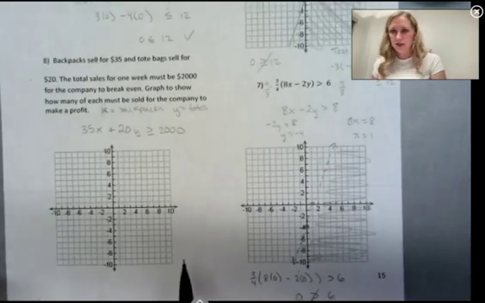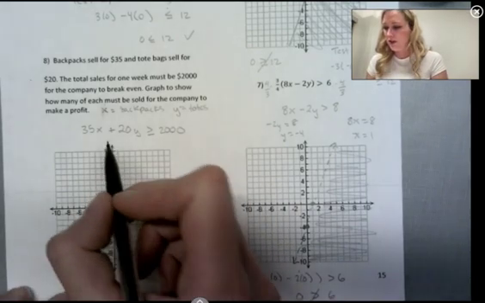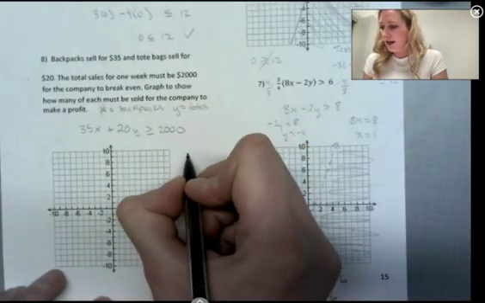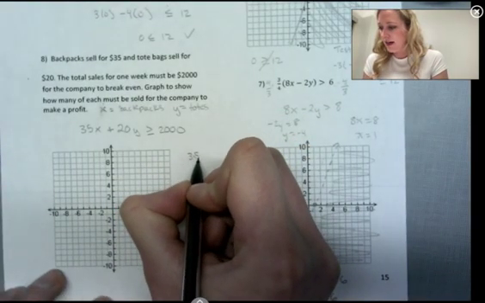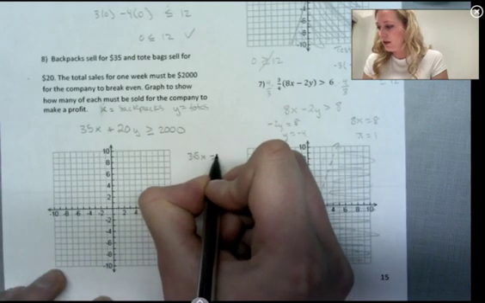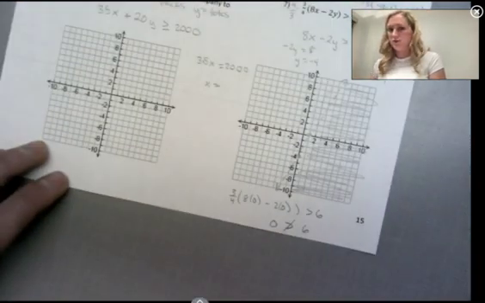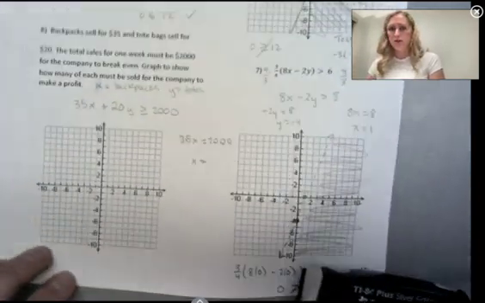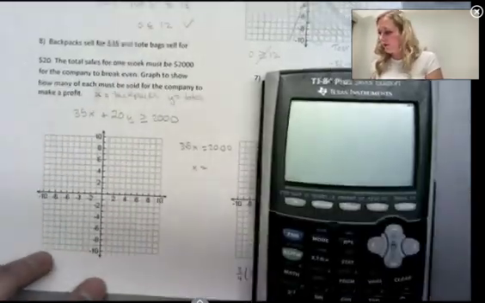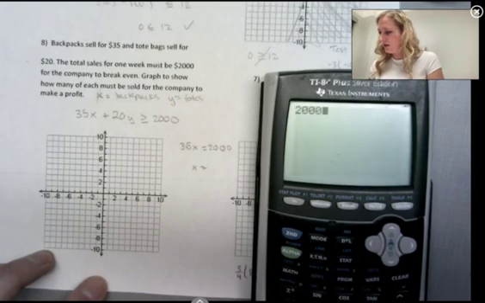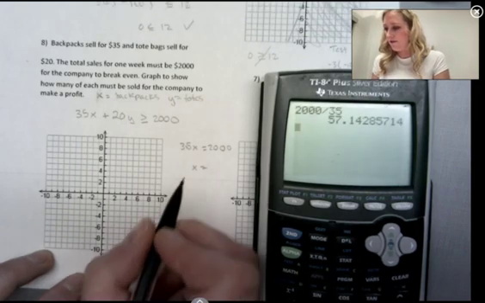I'm going to graph using intercepts, so I'm going to go ahead and plug in zeros. So I've got 0 for y, so I've got 35x equals 2,000. Oops, sorry, hit my camera there. Okay, so if I do 2,000 divided by 35, we get 57.1.